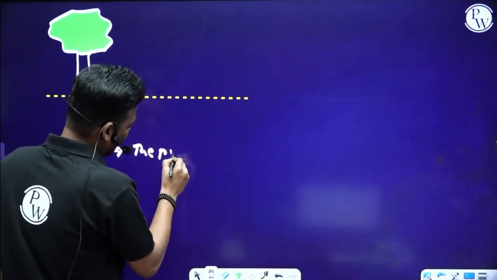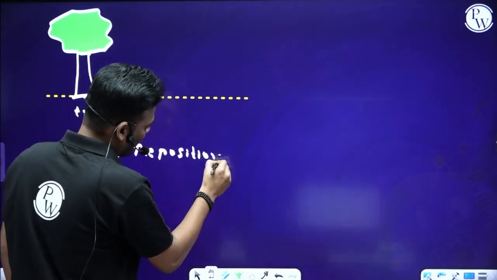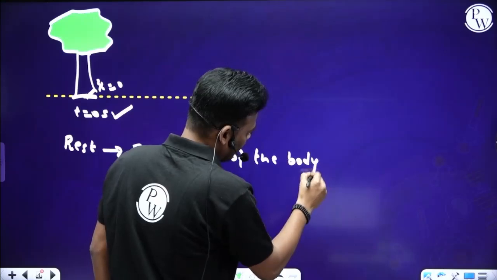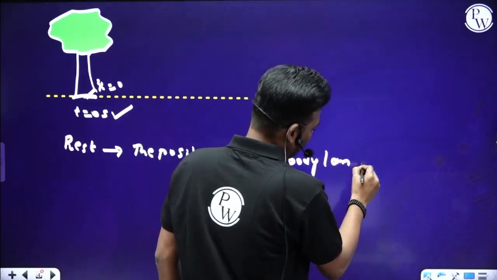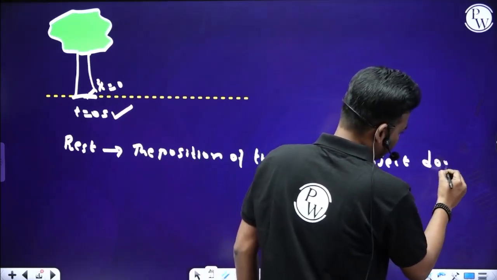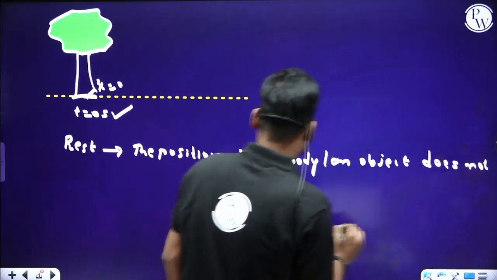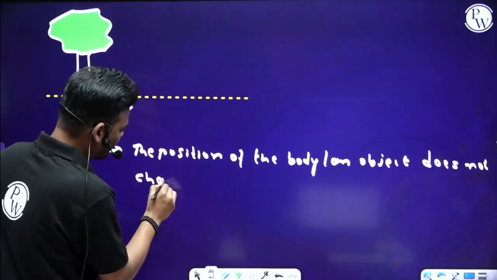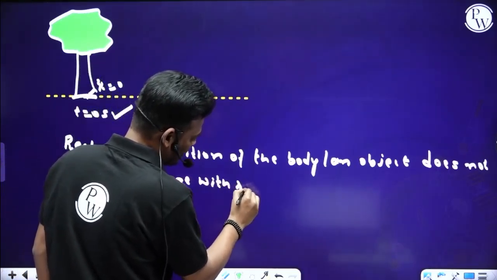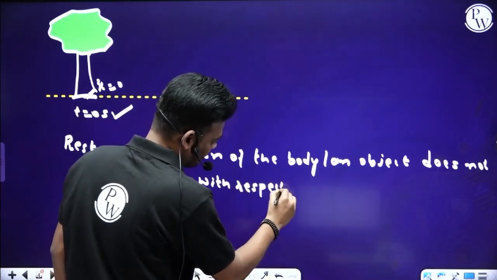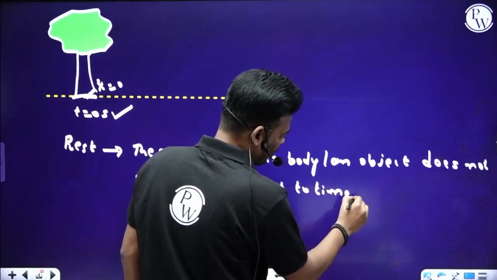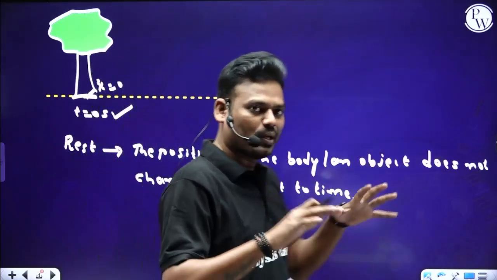If I want to define rest, or else the state of rest, I can define it as: the position of a body or an object does not change with respect to time, with respect to the reference point.